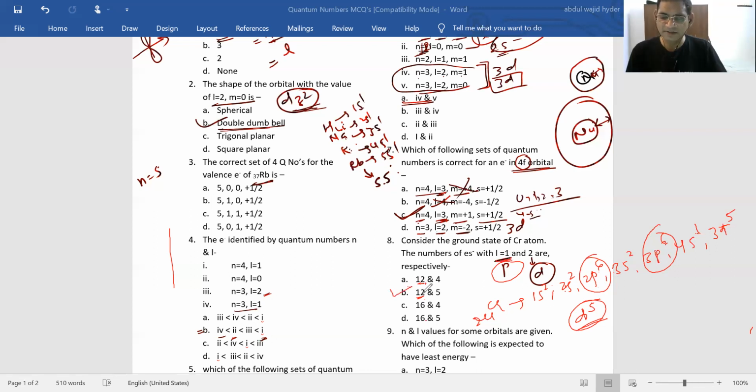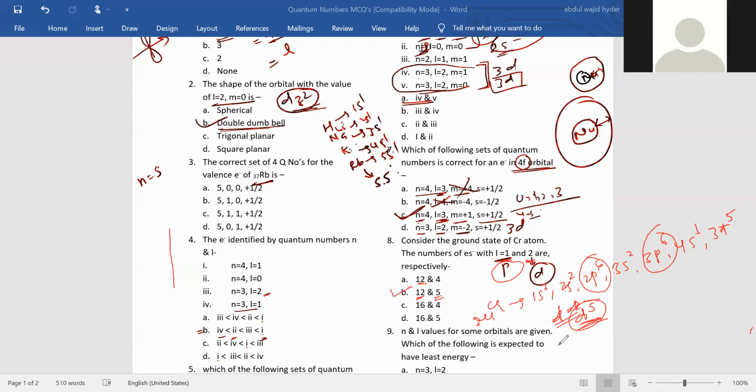L is equal to 1 is 12 and L is equal to 2 is 5. L is equal to 2 is D subshell. So in D subshell, 5 electrons are there, and in P subshell altogether, 12 electrons are there.